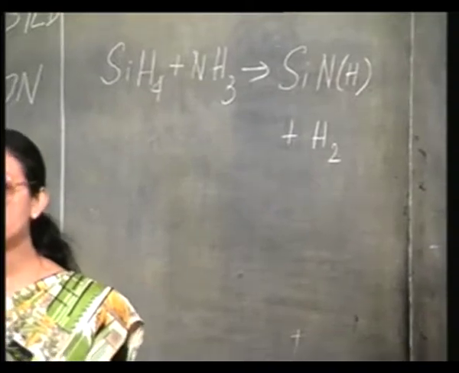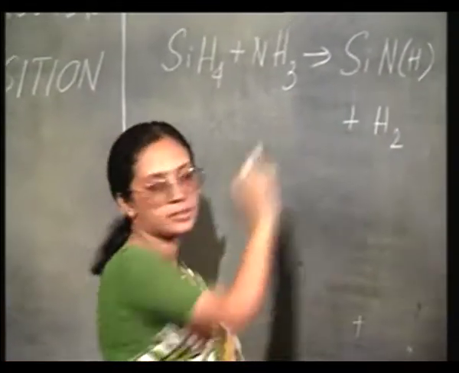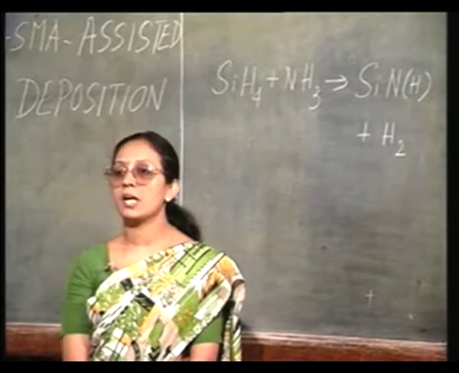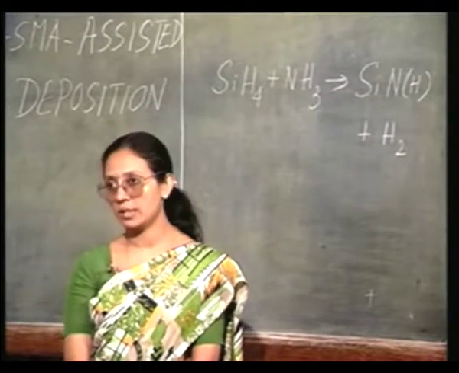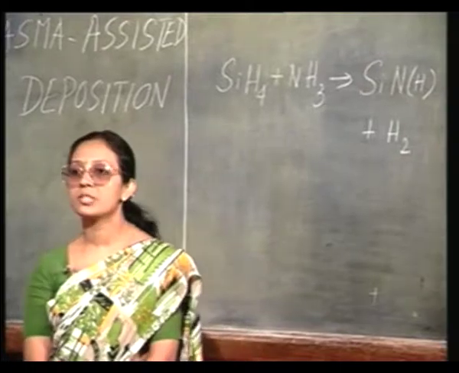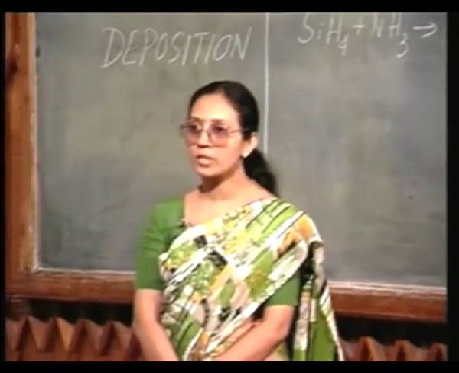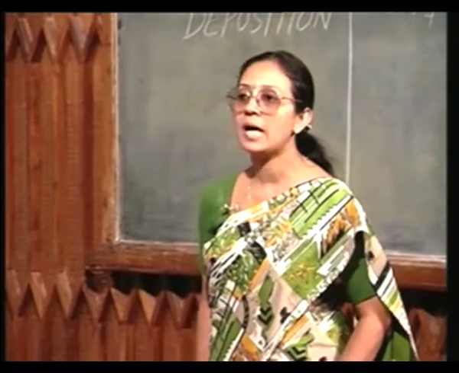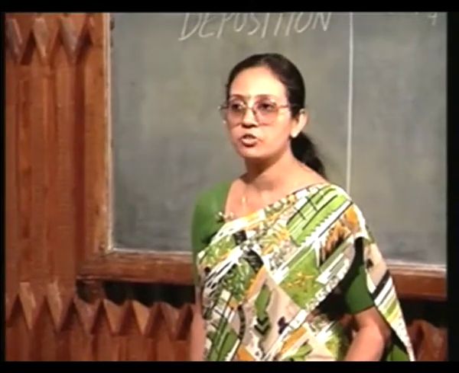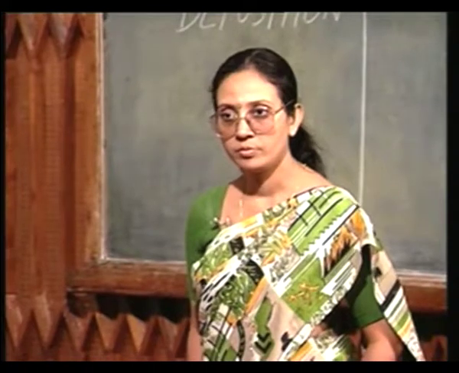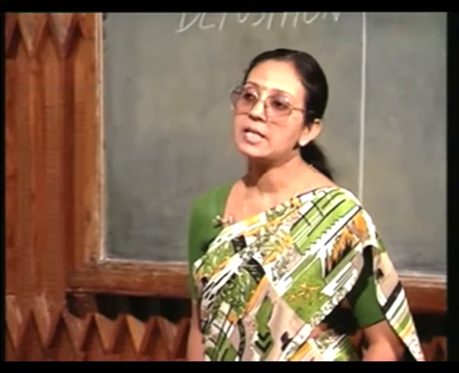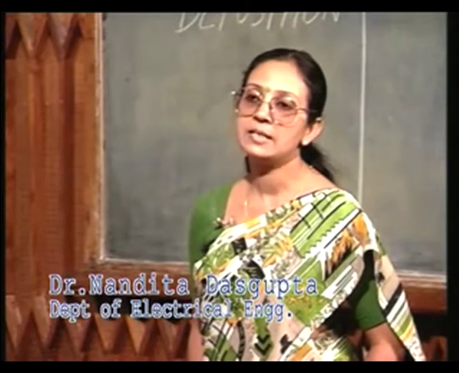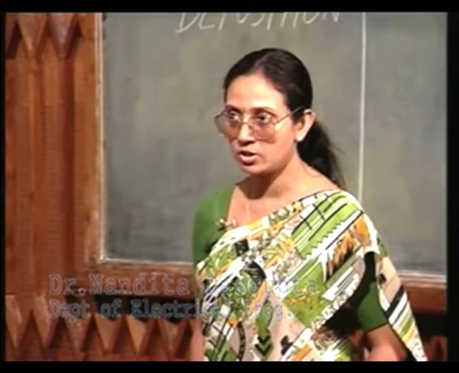You will be surprised why I am writing it like this. That is because in plasma deposition of silicon nitride, you almost never get stoichiometric silicon nitride. Stoichiometric silicon nitride will have a formula of Si3N4. But in plasma deposition, you almost never get this stoichiometric silicon nitride.